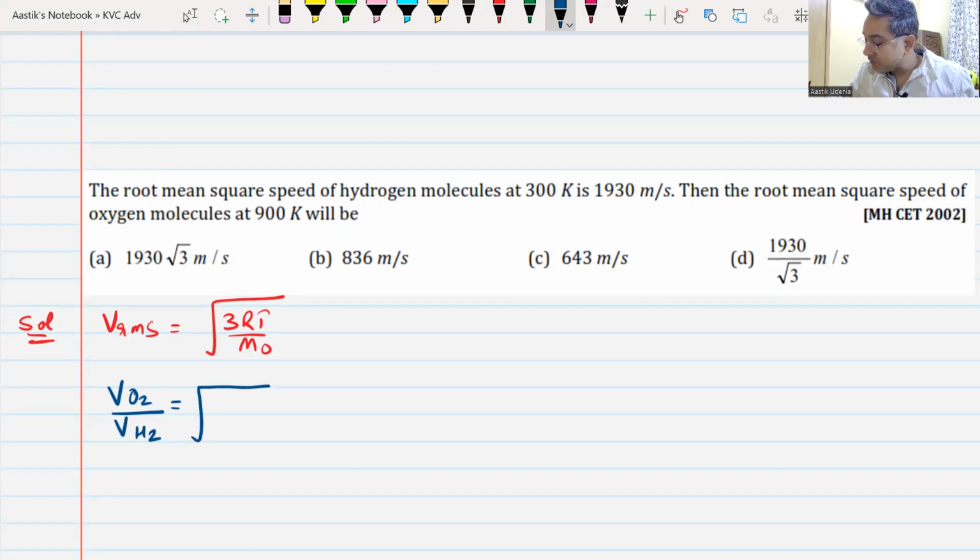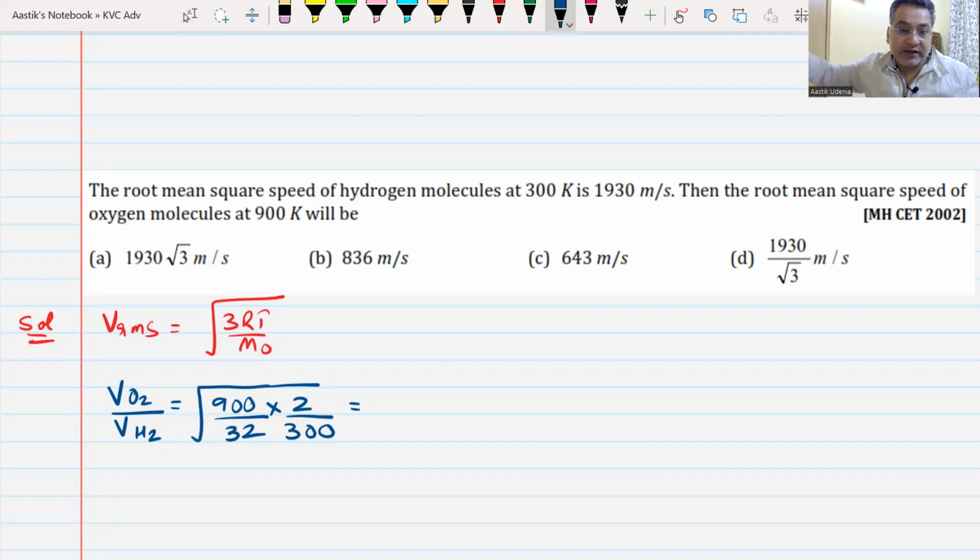The ratio will be temperature of oxygen, which is 900 Kelvin, divided by the molecular mass of oxygen, which is 32, multiplied by the molecular mass of hydrogen, which is 2, divided by the temperature of hydrogen, which is 300.